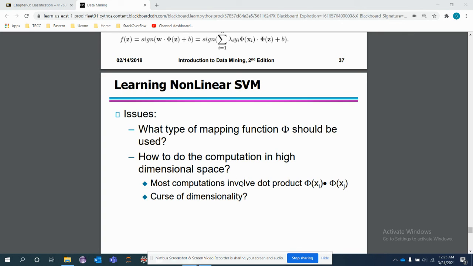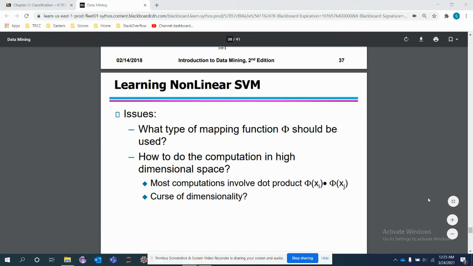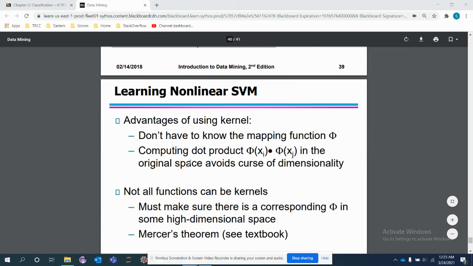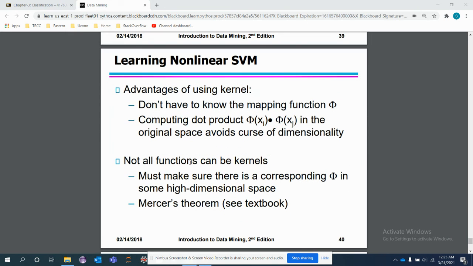In terms of it, it gives us a view of the curse of dimensionality. Even if we can transform the data into higher dimensional space, balancing and handling it is really difficult. So this is all about our nonlinear SVM.